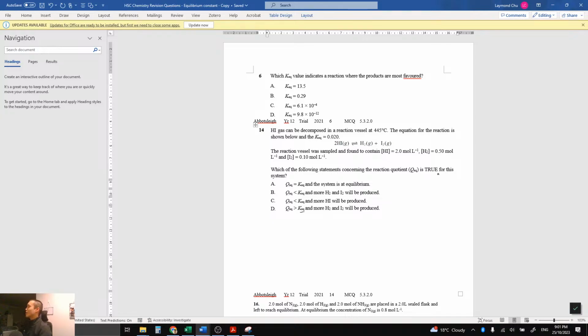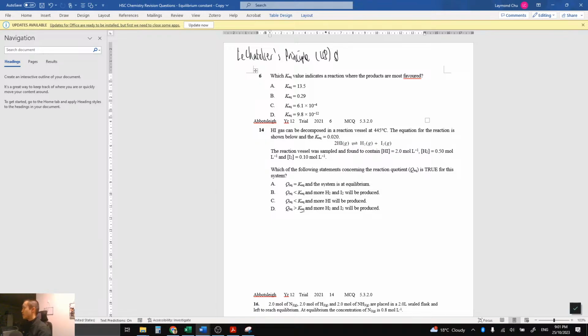So first of all, what governs equilibriums? Le Chatelier's principle. Now, I like to make this as short as possible because for any sort of equation, equilibrium, shifting, all of that stuff, you really want to have this as a stock standard response for your answers. What does Le Chatelier's principle state?